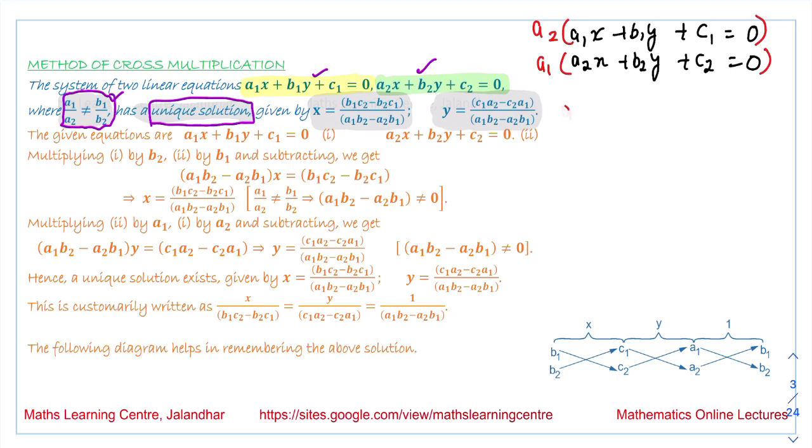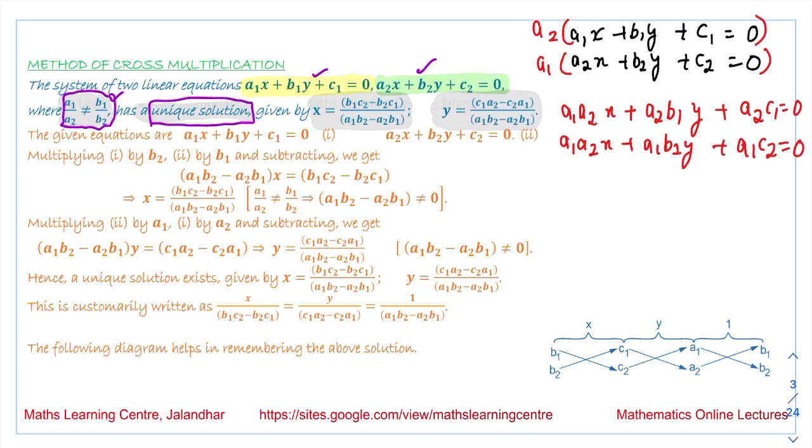So our system of equations becomes a1a2x plus a2b1y plus a2c1 is equal to 0, and a1a2x plus a1b2y plus a1c2 is equal to 0.